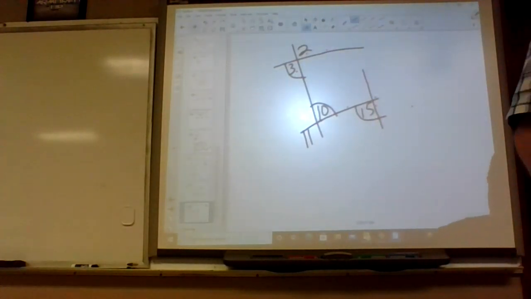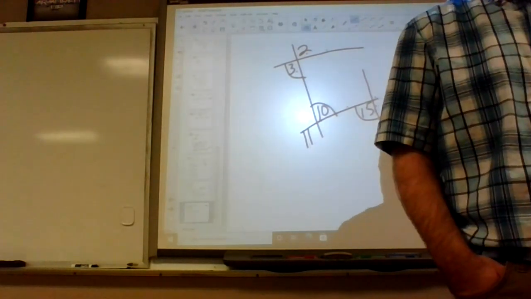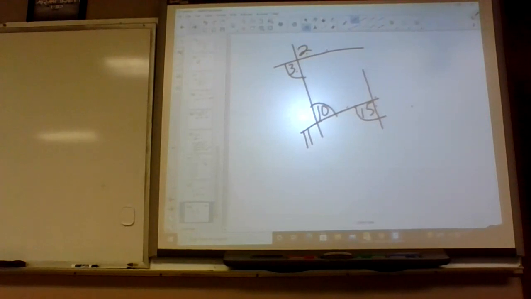Okay, line 2 says angle 1 is congruent to angle 3. How did they know that was true? The lines are parallel. Consecutive exterior? No, there's no such thing as consecutive exterior. They're corresponding angles.